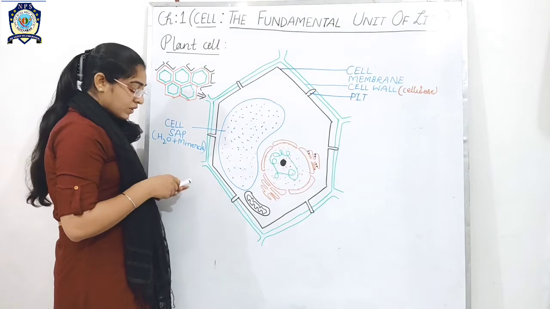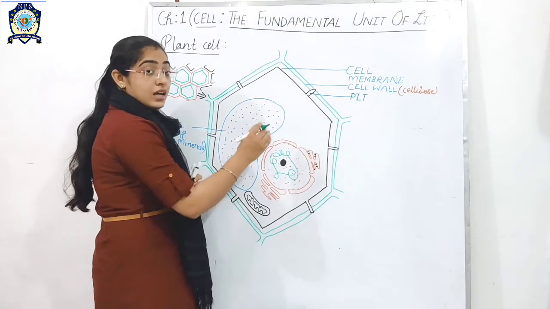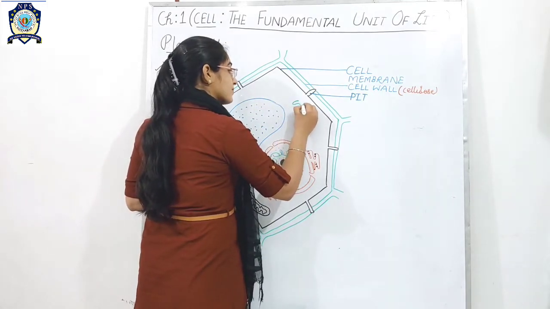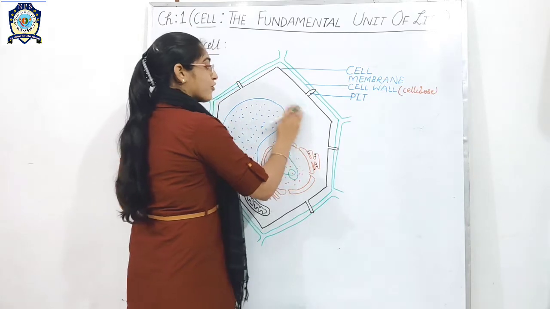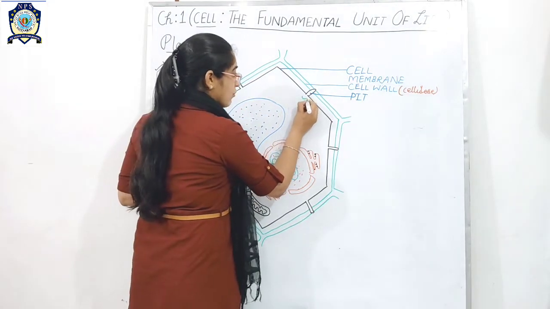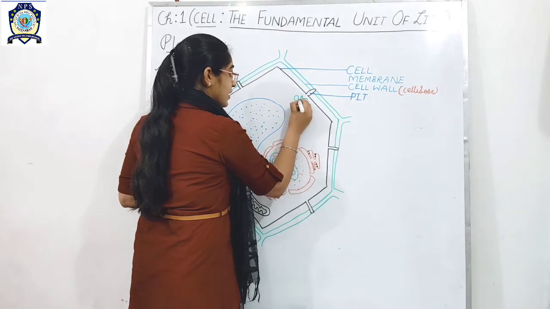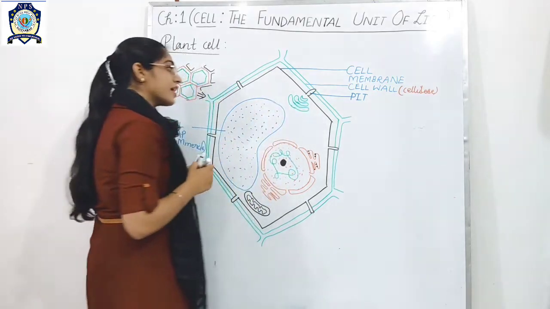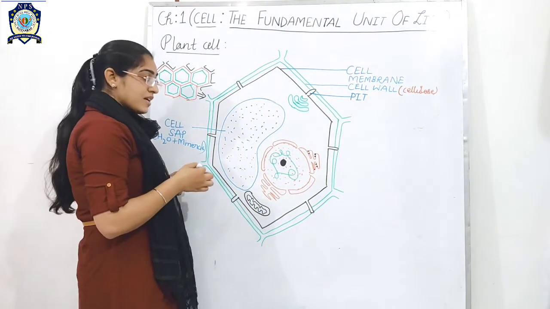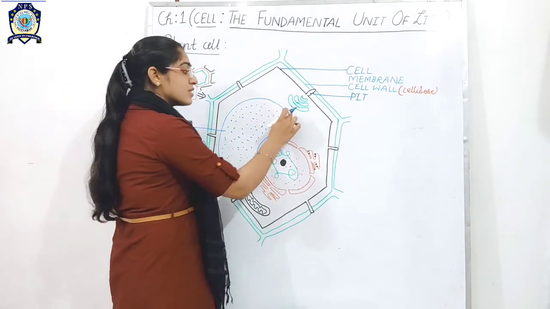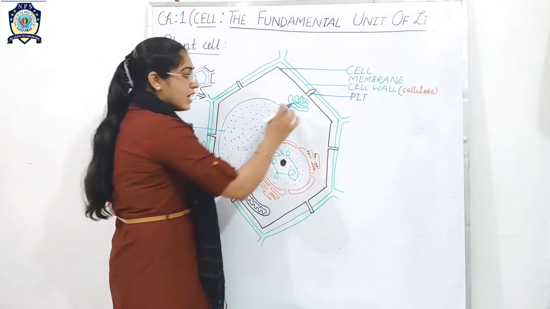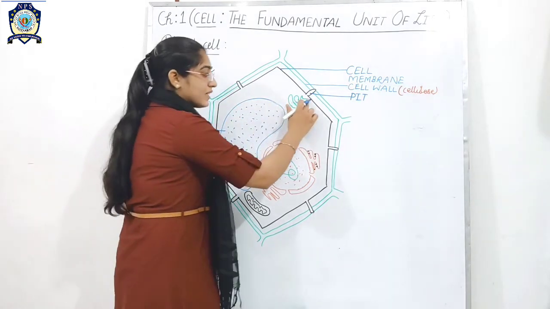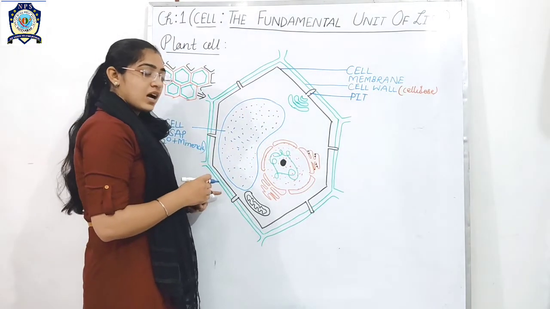There is also the Golgi apparatus which lies away from the nucleus, especially in case of plant cell. In this way you can easily draw the Golgi apparatus. As we have studied, the cis face will be toward the nucleus; you can say the convex face is toward the nucleus and the concave face is away from the nucleus.